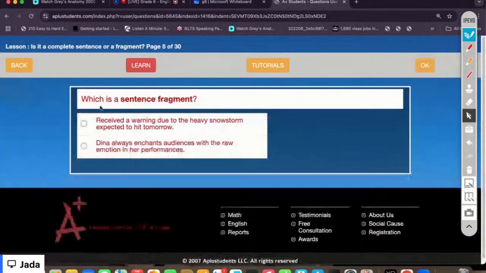All right, so we have received a warning due to the heavy snowstorm expected to hit tomorrow. Vina always enchants audiences with the raw emotion in her performance. So what is the sentence fragment here?